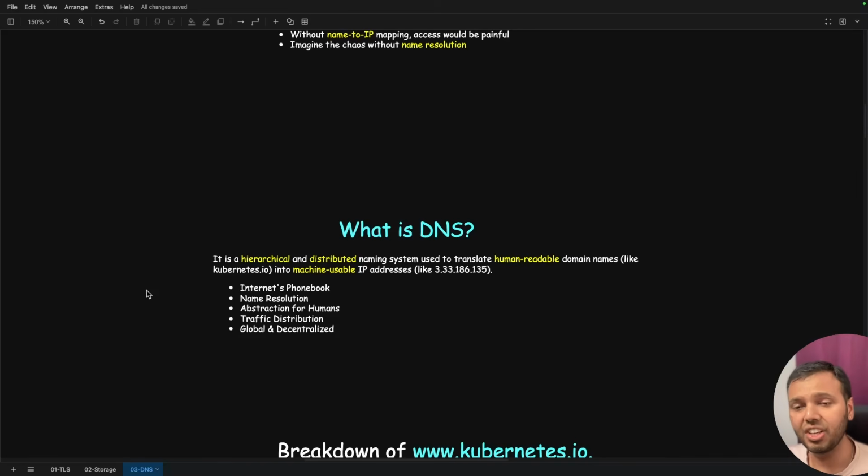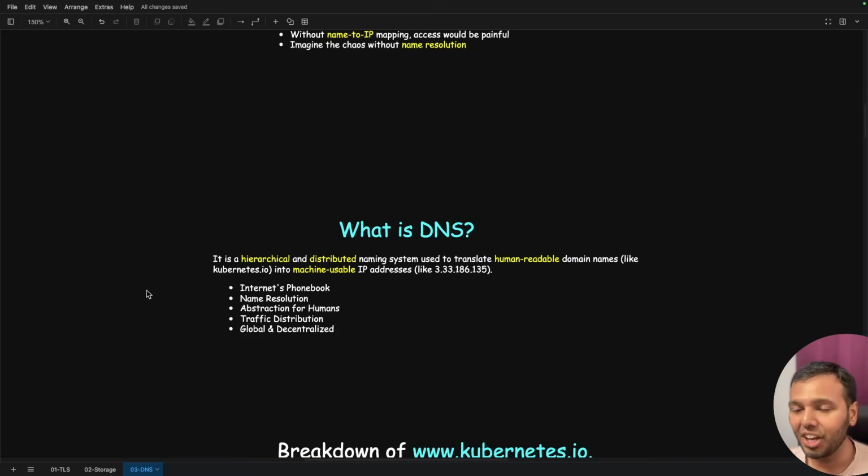So again, the definition is: it is a hierarchical and distributed naming system used to translate human readable domain names like kubernetes.io into machine usable IP addresses like 3.33.186.135. Now here are a few pointers about DNS.